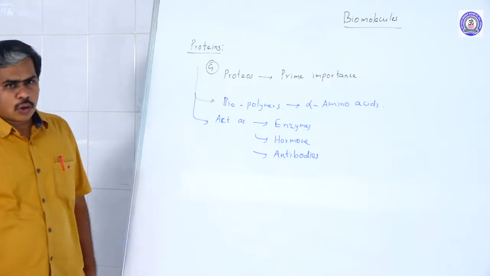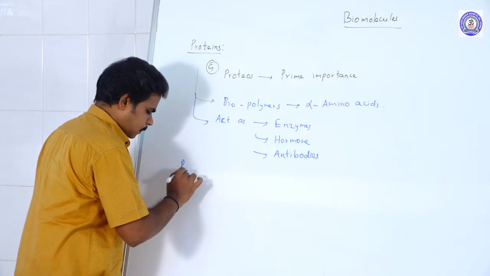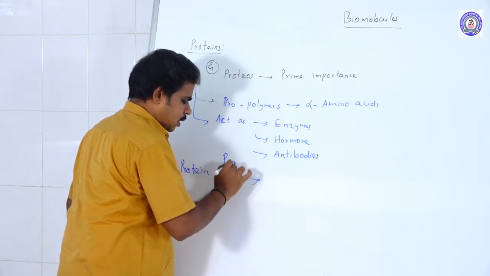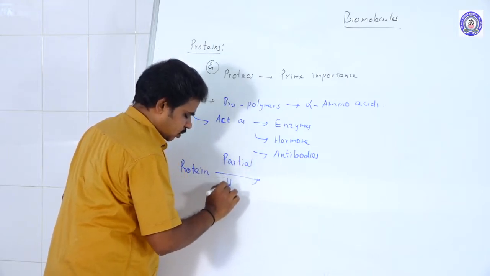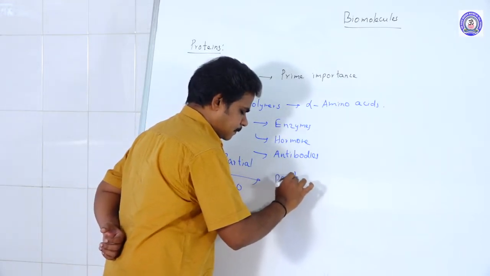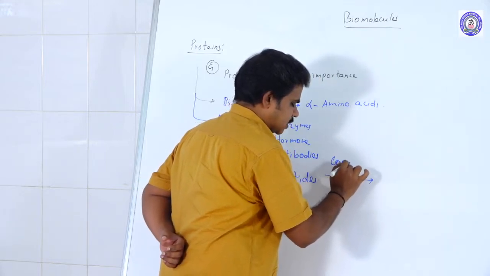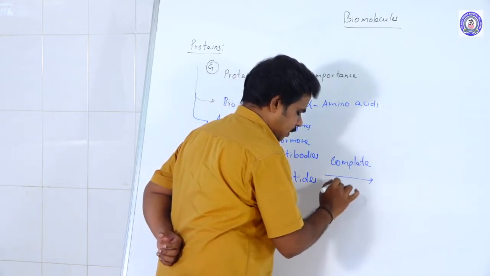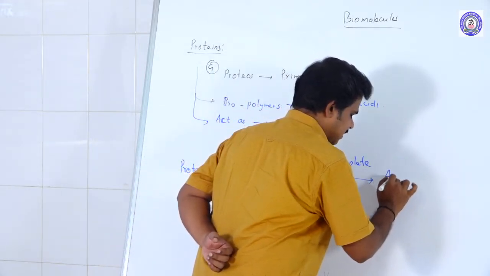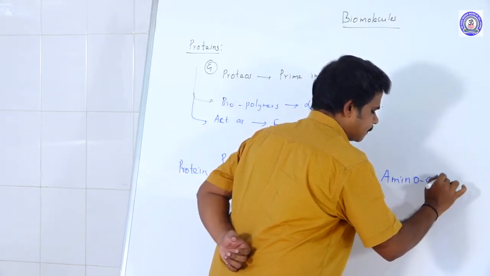So here, proteins on partial hydrolysis give peptides, and complete hydrolysis gives amino acids.